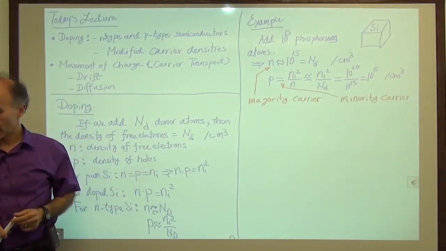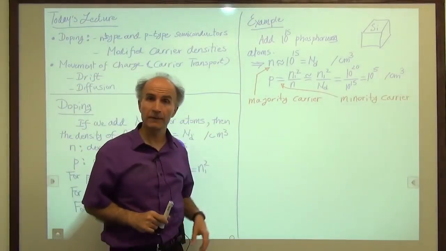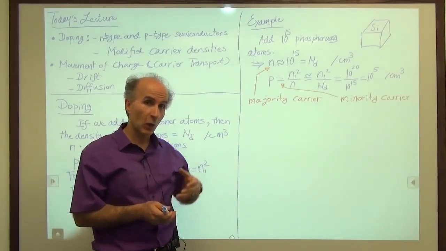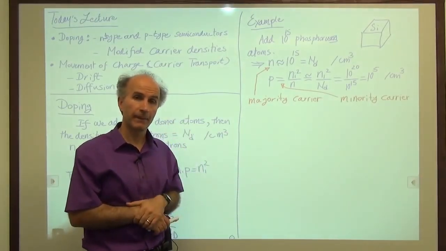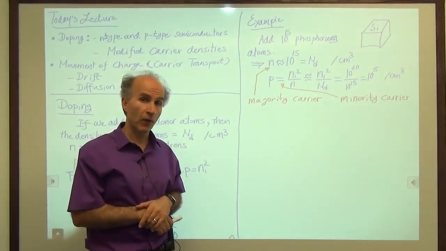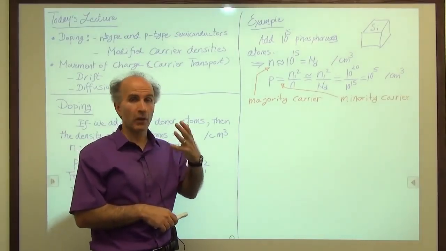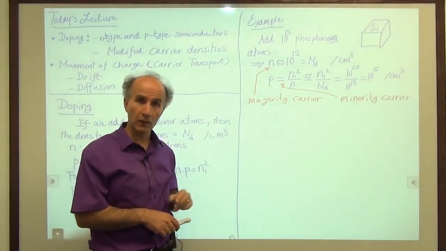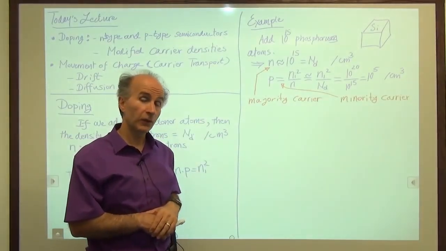Now, the next question that we can raise is, can we do the reverse of all of this? By that I mean, can we add something that makes holes the majority carriers and electrons the minority carriers? So for that, we have to look for something other than phosphorus to add to silicon. Because phosphorus had 5 electrons. Upon forming bonds with silicon atoms, it had 1 free electron that would participate in current conduction. So we should be looking for something in the 3rd column.